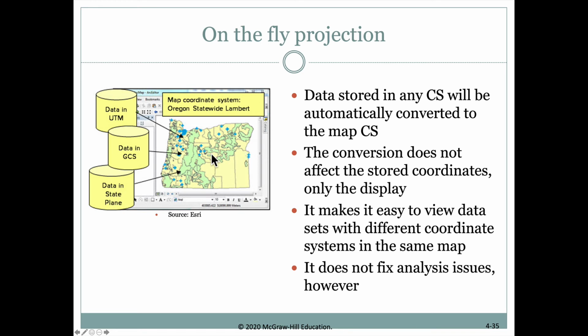And remember, for Oregon, there's a southern state plane coordinate system and a northern state plane coordinate system. But what we can do is we can just set the coordinate system for the entire map to the Oregon statewide Lambert coordinate system. And then basically what happens is, as these different data layers are displayed from the geodatabase onto the map, they're projected on the fly so that everything lines up.